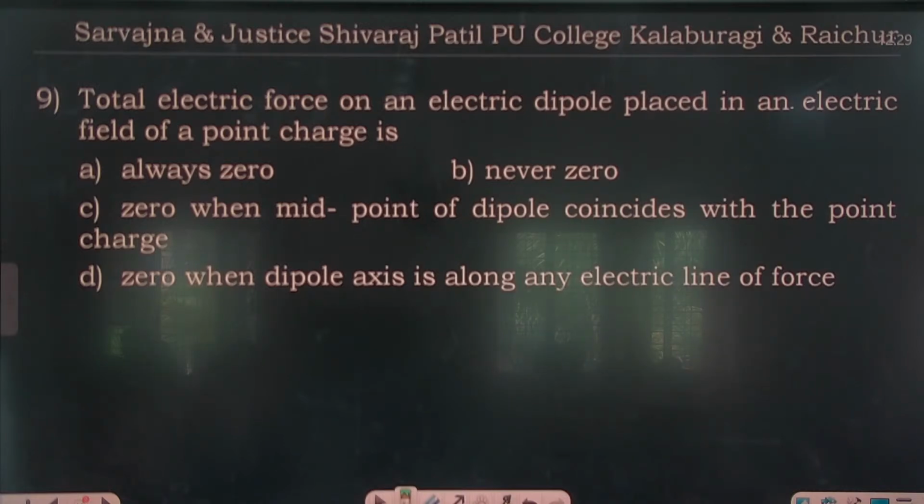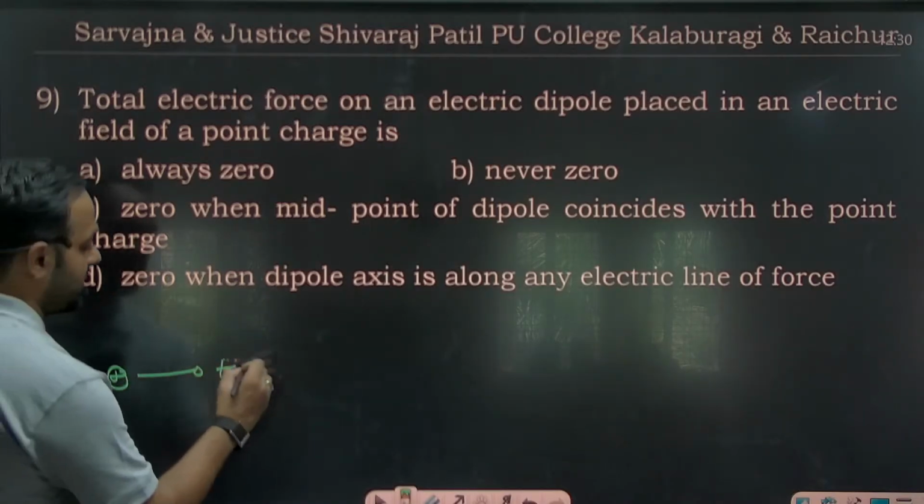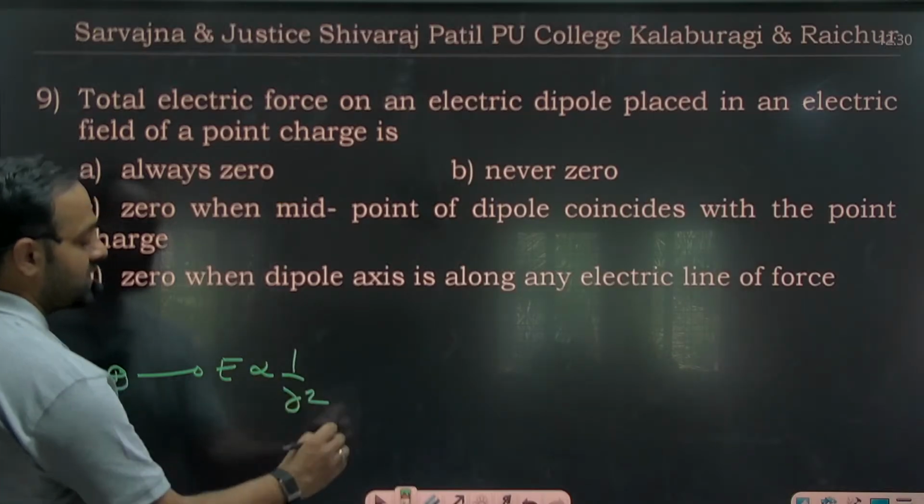Total electric force on an electric dipole placed in an electric field due to a point charge. Is the electric field due to a point charge uniform? No, from a point charge, the electric field varies as 1 by r square.